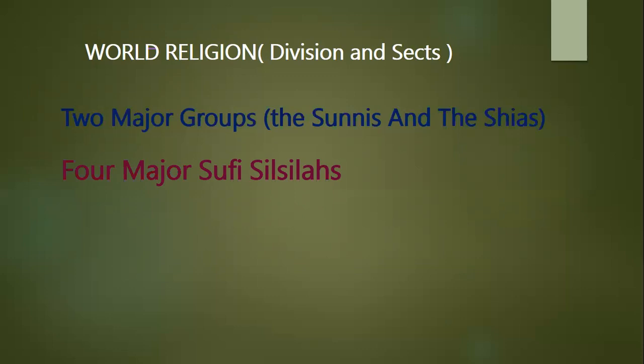Now, the four major Sufi silsilas. A notable feature among the Sunni Muslims is their affiliation to one of the four major Sufi silsilas, which are, number one, the Chishti, number two, the Suhrawardi, number three, the Qadri, and number four, the Naqshbandi, or their offshoots.